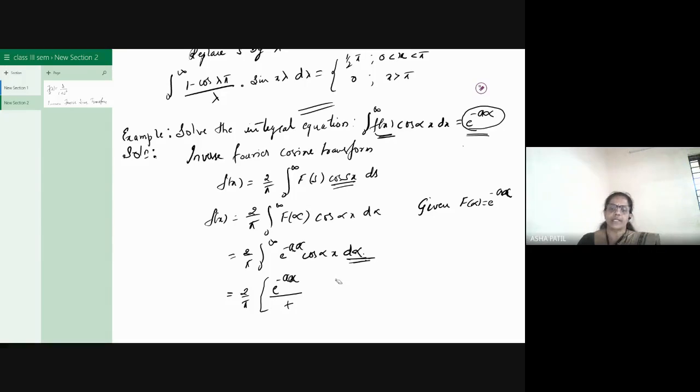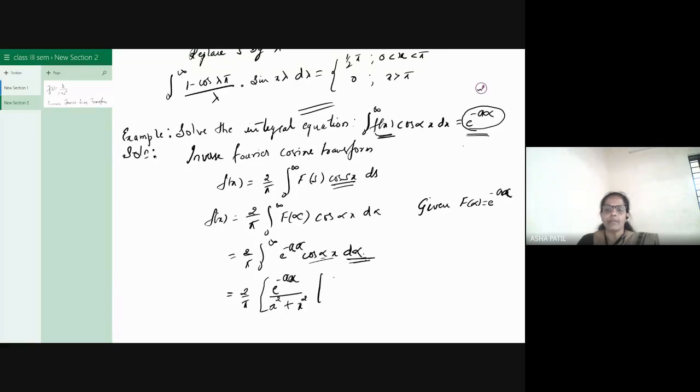Okay. E raised to minus a alpha cos alpha x d alpha. Now the coefficient of alpha is minus a, so minus a whole square we just write as a square. Then the coefficient of alpha in the cosine term is x square.